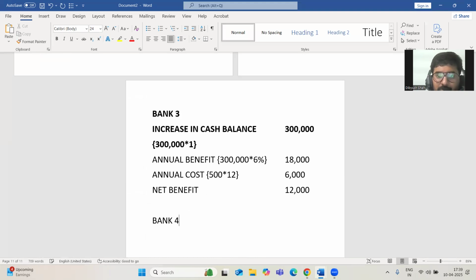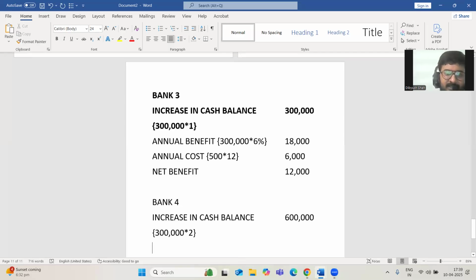Bank 4. Increase in cash balance: 3 lakh is my daily cash receipts, and by 2 days it will increase. So my average increasing cash balance throughout the year will be $6 lakh. My annual benefit, I will make 6% on this, right?